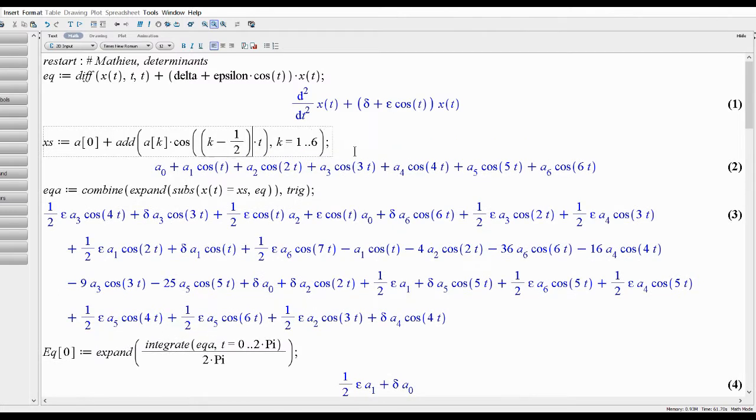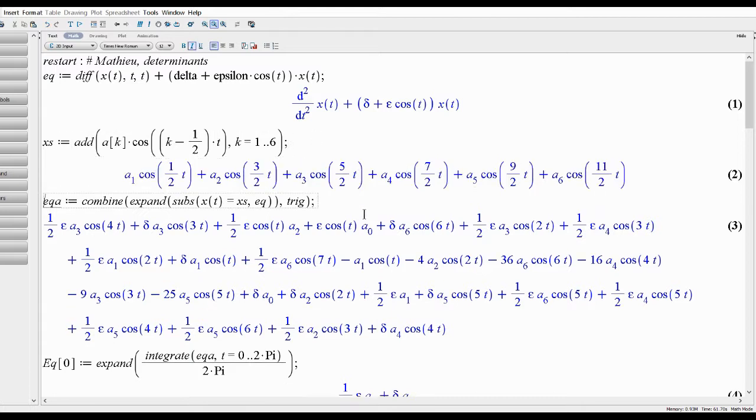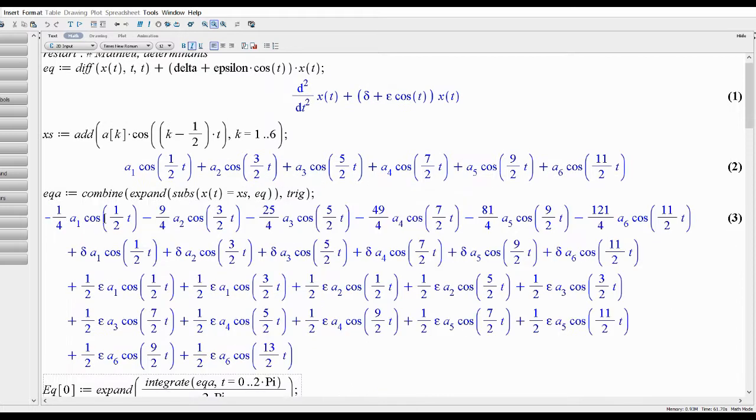So these are the half integers. Remember, we did half integers, but this one should not be there. Okay, so these are half integers, and then when we substitute and expand, once again we get half integers.